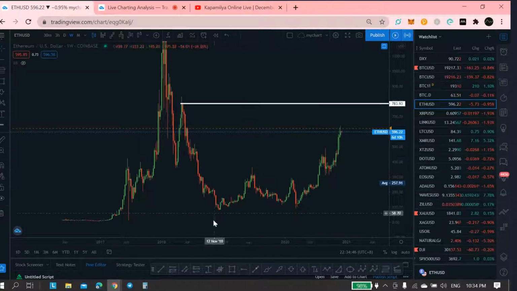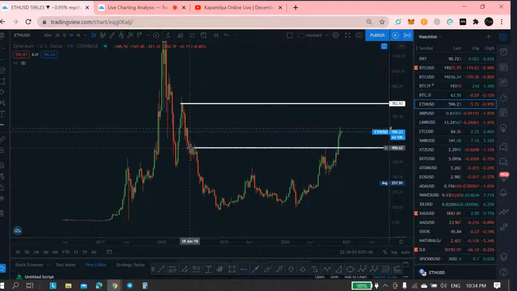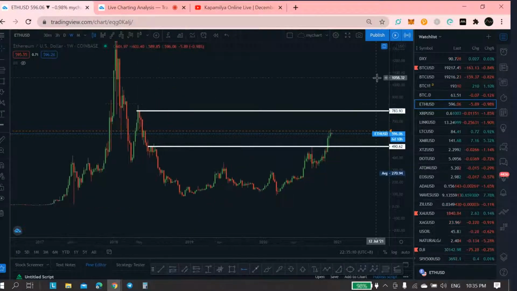The support I'm looking at using this weekly time frame is of course this area, the 490 area. Actually, that's also this, and here is a very strong resistance that now becomes the support area. So I think that's it for Ethereum.